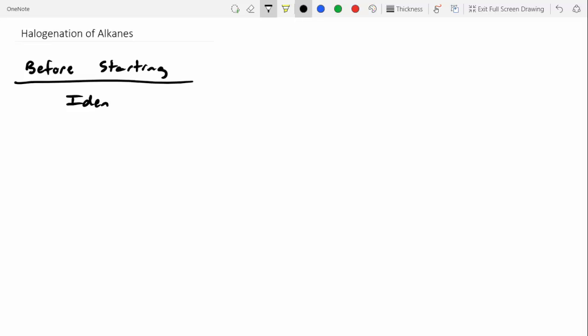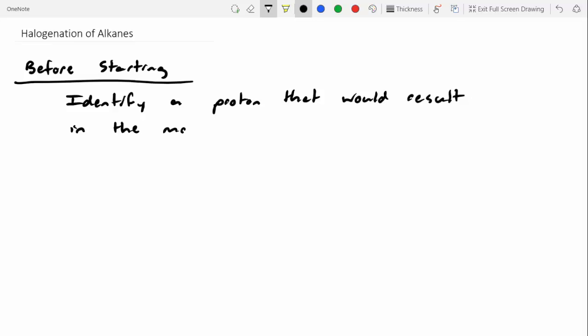So identify a proton if abstracted. And I'll show you guys what I mean by this by using an example.